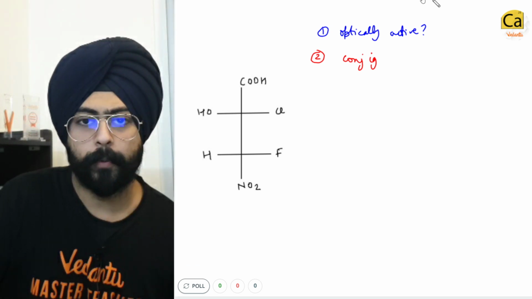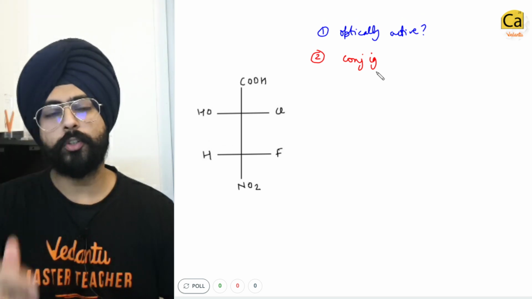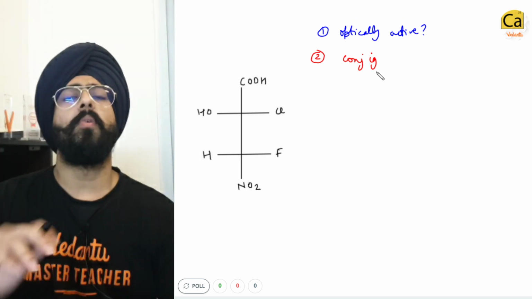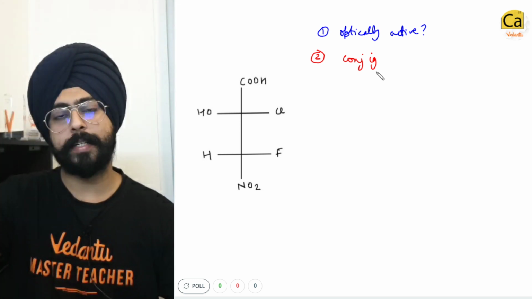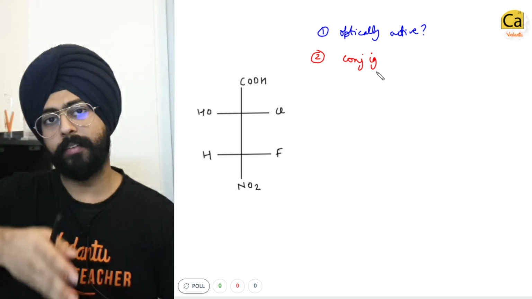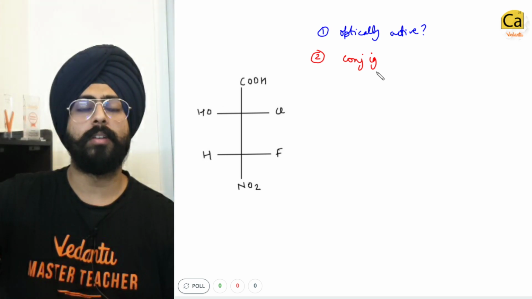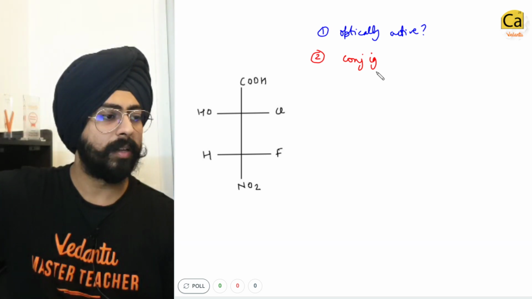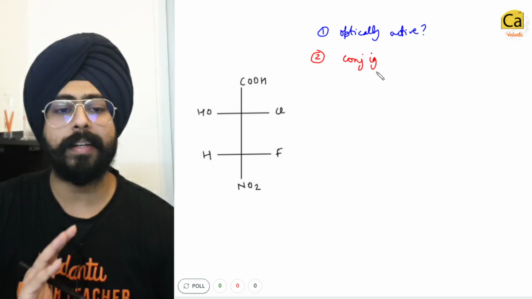Chalo ji, tell me. Is this optically active? See, what you can do in order to check whether this is optically active or not is a lot of things. You can draw a Fisher projection, you can draw a wedge dash projection, and then you can try to see whether that is optically active or not by taking the mirror image. Or you could simply fish for some symmetry elements.